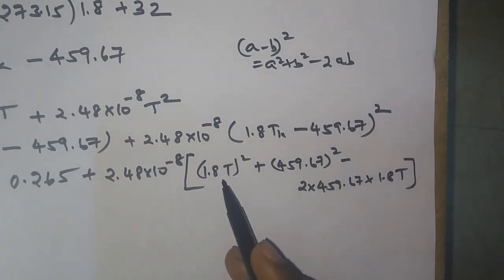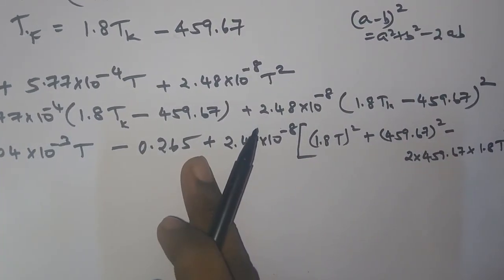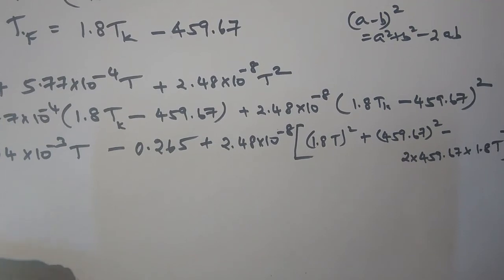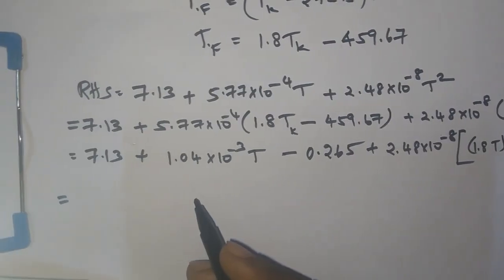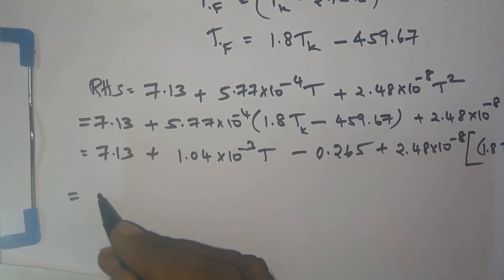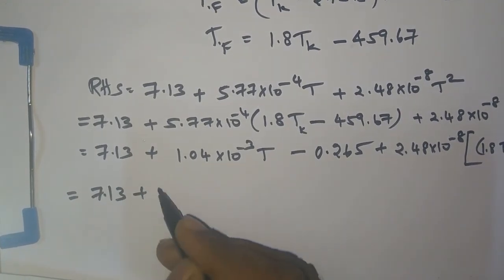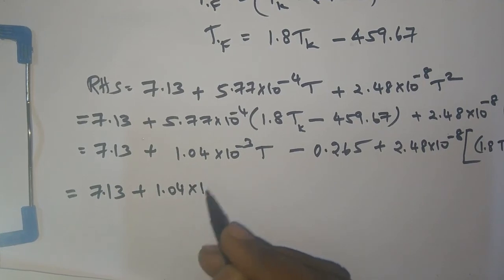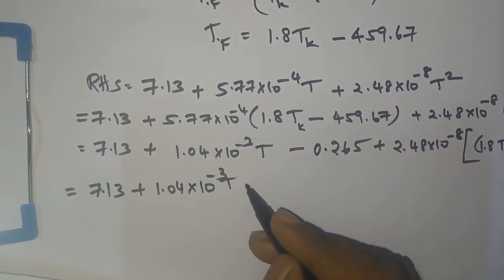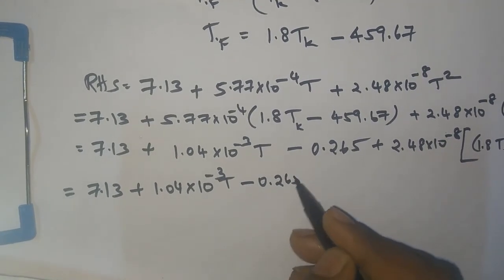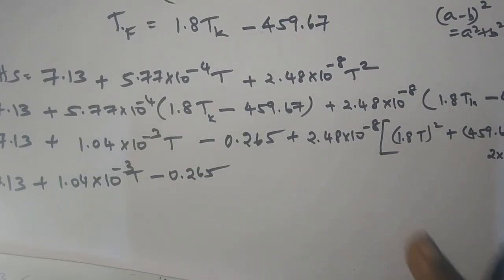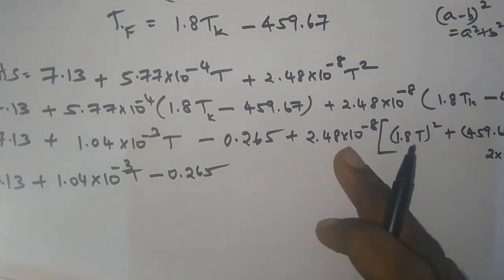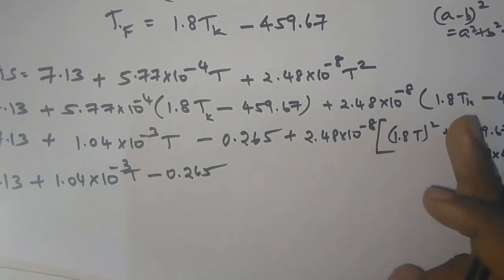Now we have to expand these terms. So these first three terms are going to be the same. Okay, so that is 7.13 plus 1.04 into 10 power minus 3t minus 0.265 remaining the same, and then this is 1.8 whole square into 2.48 into 10 power minus 8.